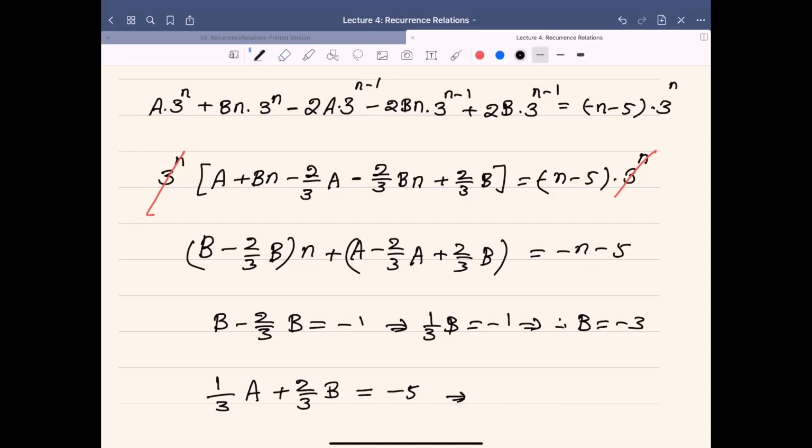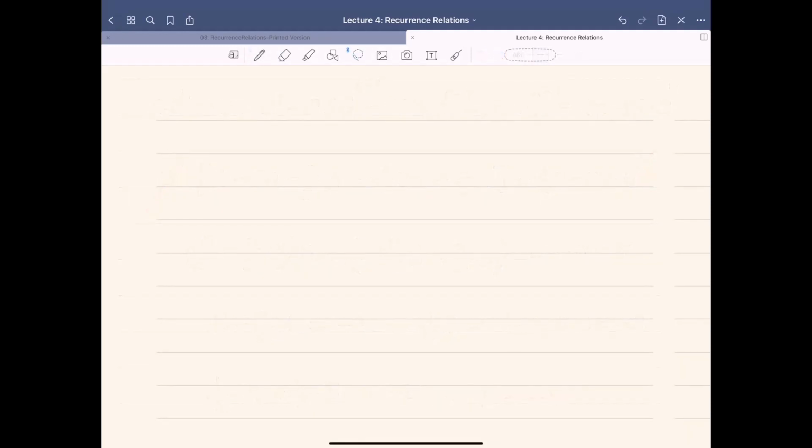So A is equal to minus 9. So a_n is equal to C1 times 2 raised to power n plus (minus 9 minus 3n) times 3 raised to power n.